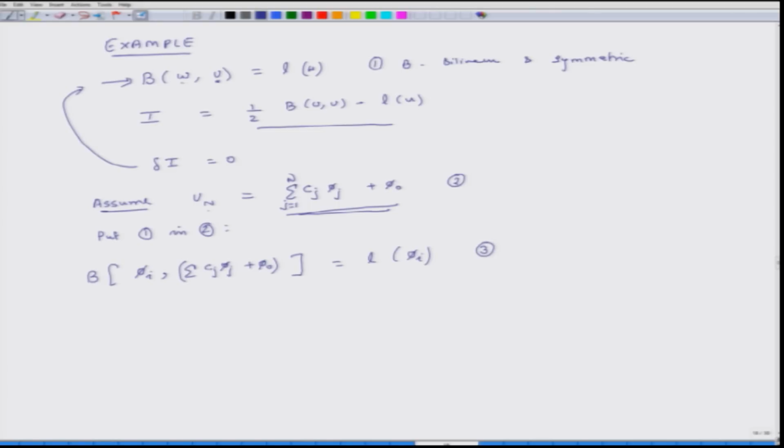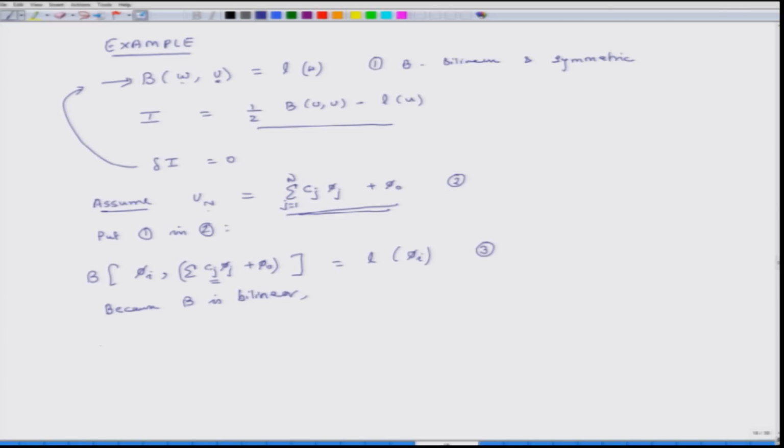Right now this is very general, but we will actually do an example, so you will see how this works out. Because B is bilinear, I can pull Cj out of this bracket, and we will see what that means.